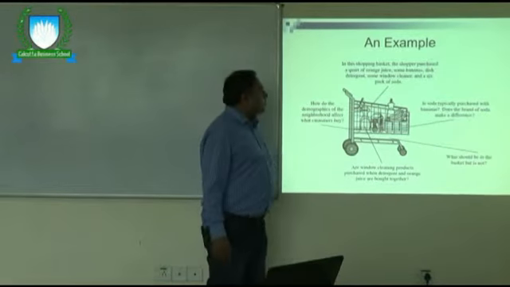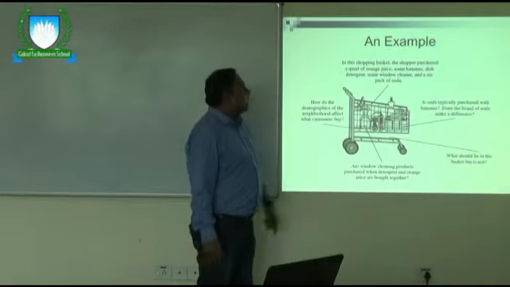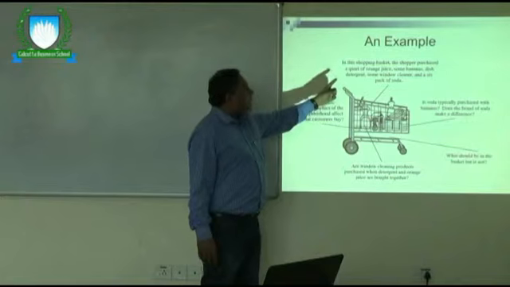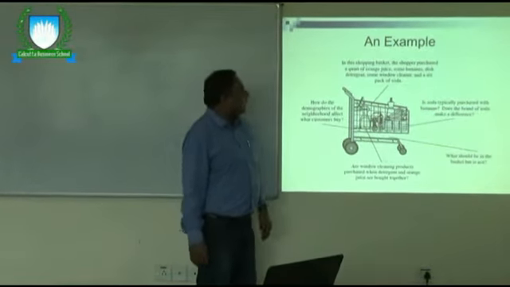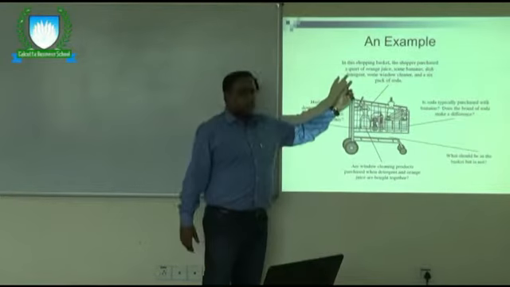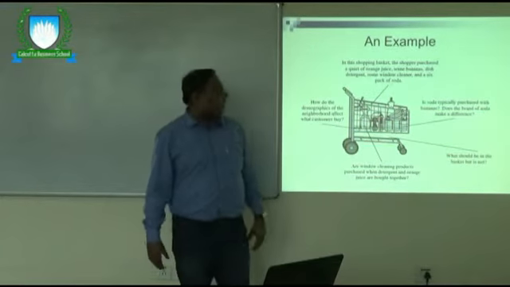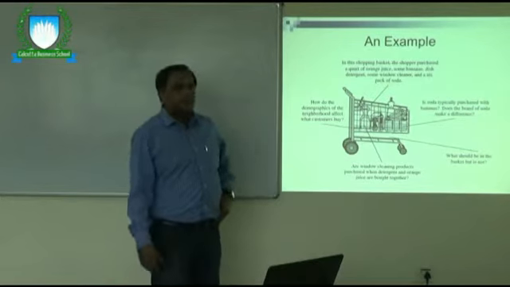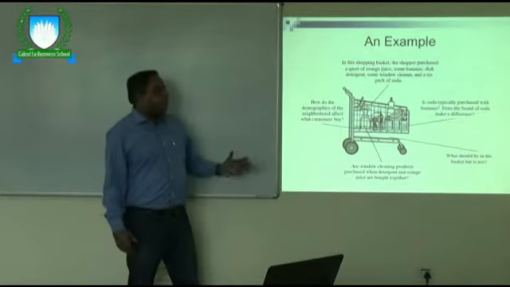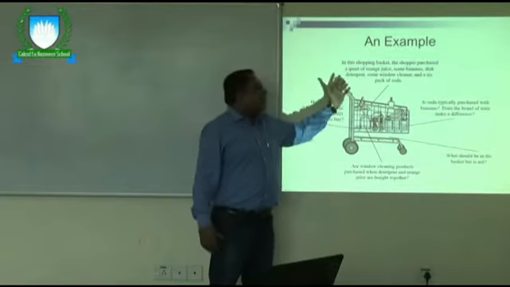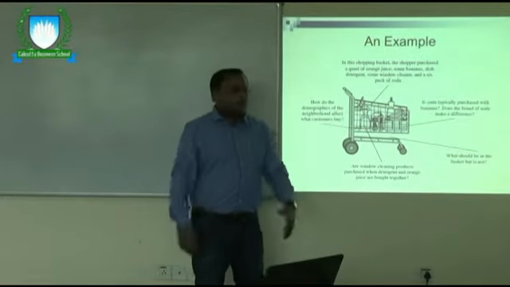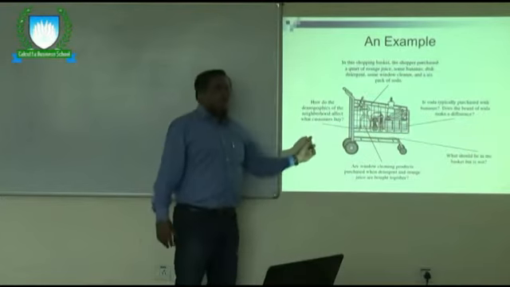So in this shopping basket, the illustrative example, the shopper purchased a quart of orange juice, some bananas, dish detergent, some window cleaner and a 6-pack of soda, right? Let us start our discussion using this imaginary market basket and ask a few questions.